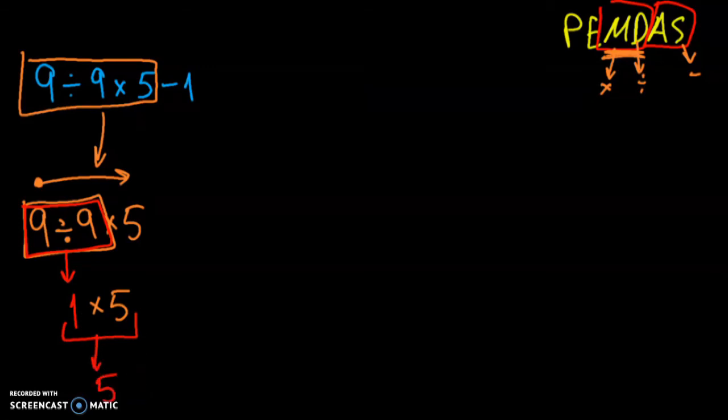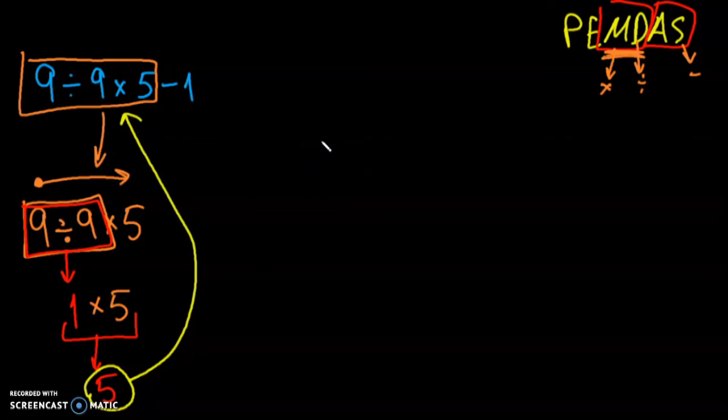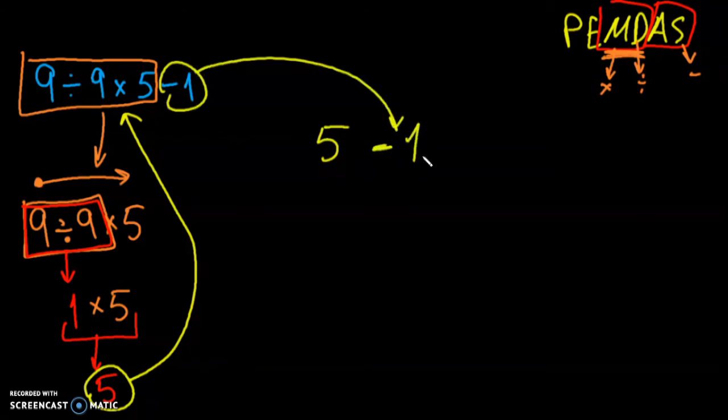Are we done? No, we're not. This 5 goes back to the box. Instead of the box, this orange box, you write 5. So we have 5 minus 1, which is very simple, 4. And now we're done.